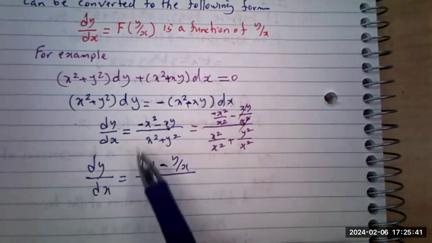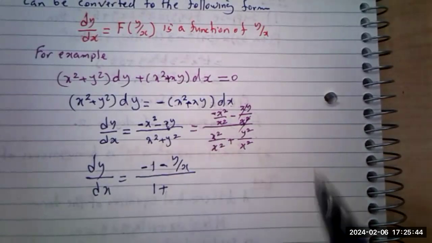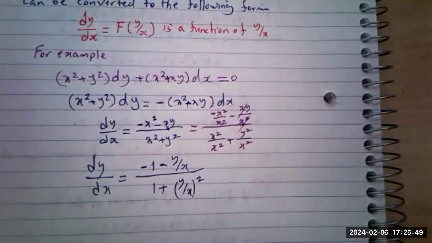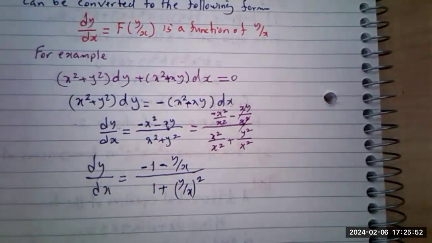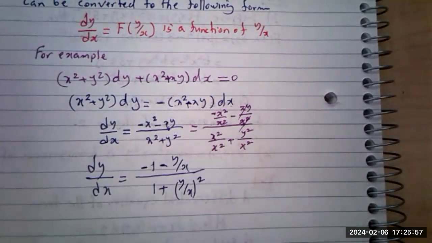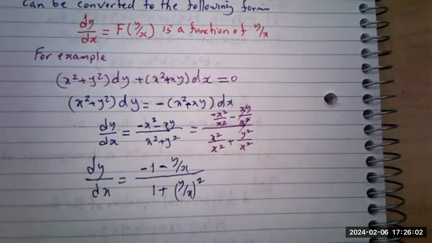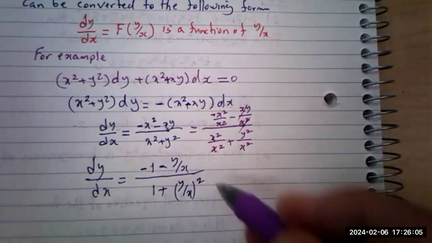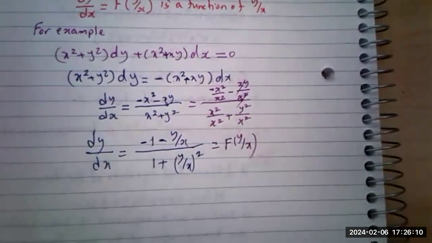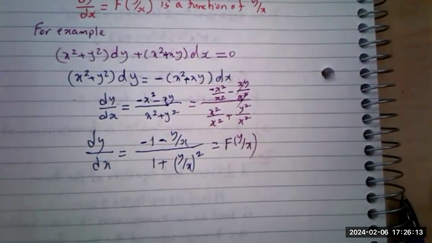So what I did was cross multiply and then divide by x squared. As you can see, the result is going to be a function of y over x, so it's f of y over x. It's possible to change all these functions quickly. You have to do this to be able to solve it.